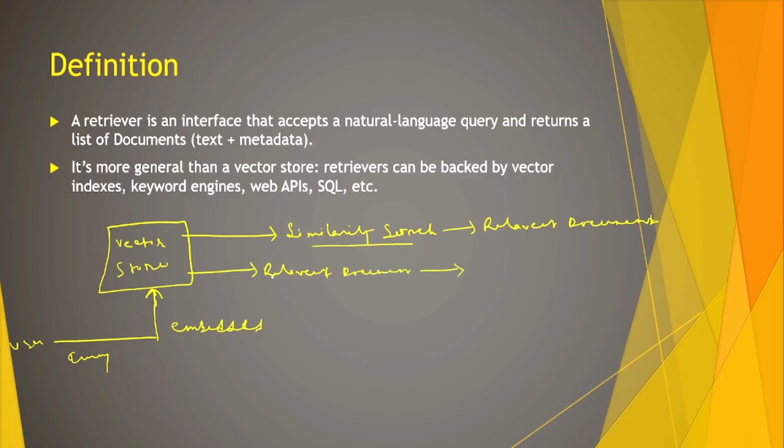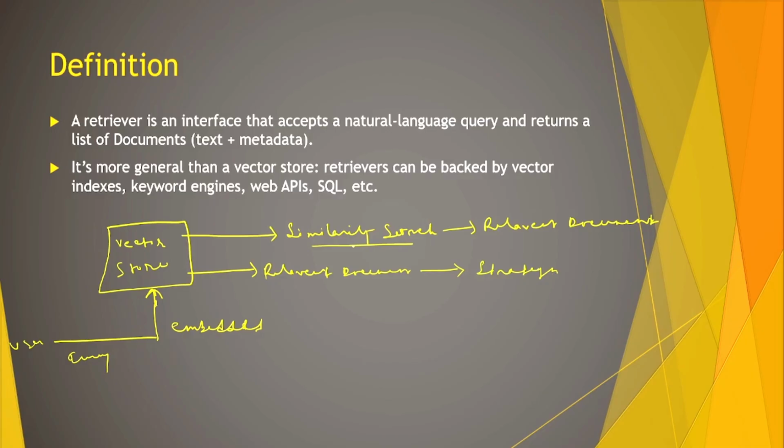Now what's the difference between a retriever and a vector store? Using a retriever, we can fetch the same relevant documents, but we can get more relevant documents than with a vector store. And also we can perform different types of strategy.